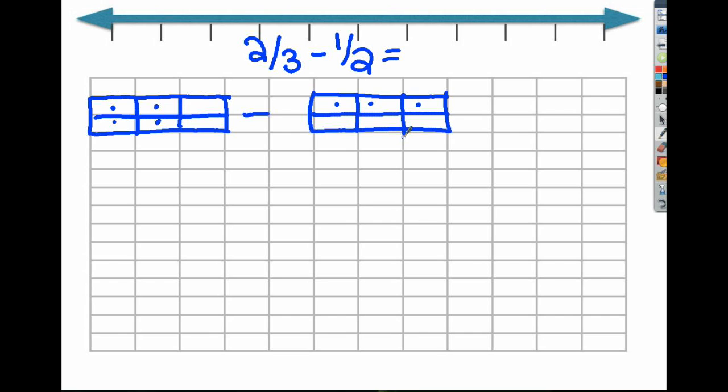Well, I was just going to say that when you take them away, you always do 2/3, taking away 1/2. And I got a little confused because I could see myself doing 1/2, trying to take away 2/3.